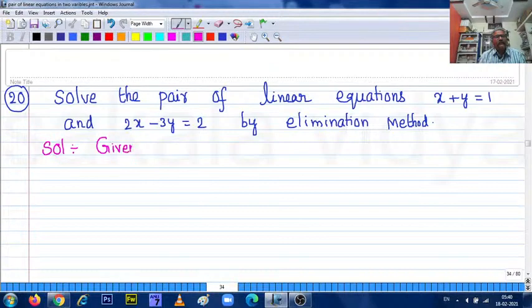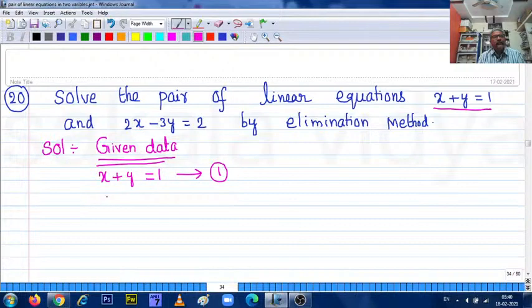Given data, x plus y equals 1, say equation 1. 2x minus 3y equals 2, this is equation 2. So what does the elimination method mean? First let us eliminate either x or y from the equations, then we can solve it.